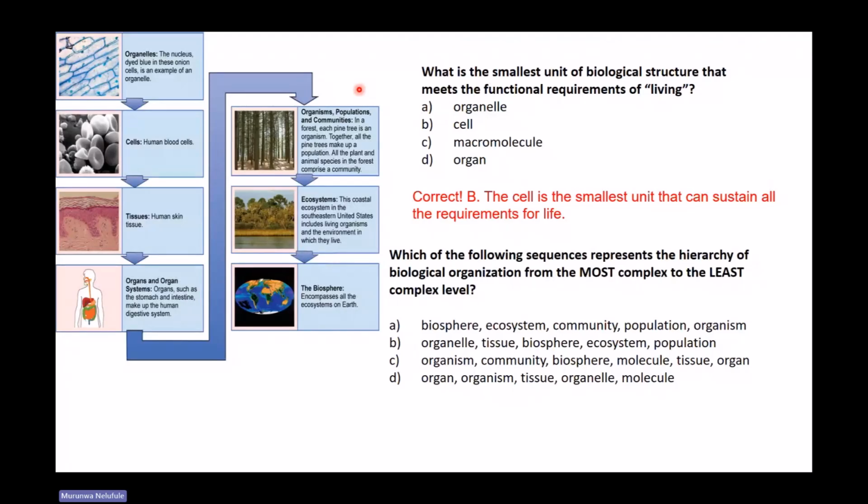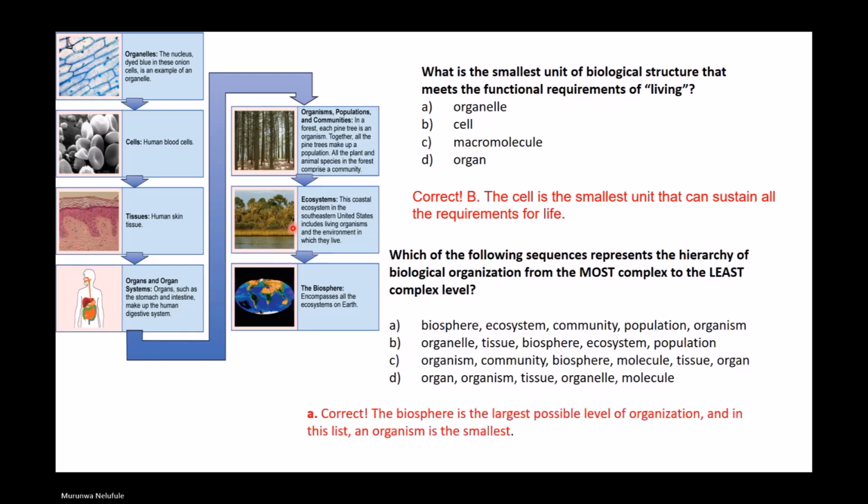Okay, which of the following represents the hierarchy of biological organisms from the most complex to the least complex? We did this, I think, last week. I think the answer is A because the biosphere is the most complex, whereas the other options have the biosphere in the middle, and organisms are more complex than organs.